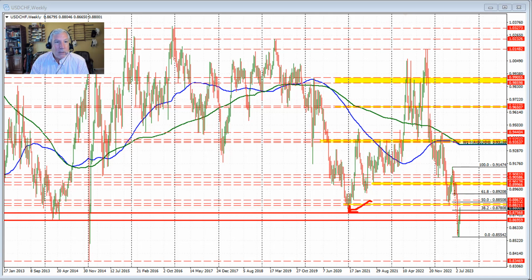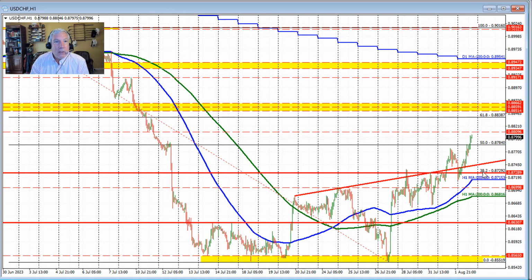Let's go back to the hourly chart. 0.87568 is somewhere around here, and the price is above that level, so we're going to be watching that level as well on any sort of dip to the downside. It's basically where the high price came in through here before moving to the upside. So be aware of that, but the 50% retracement is close support.